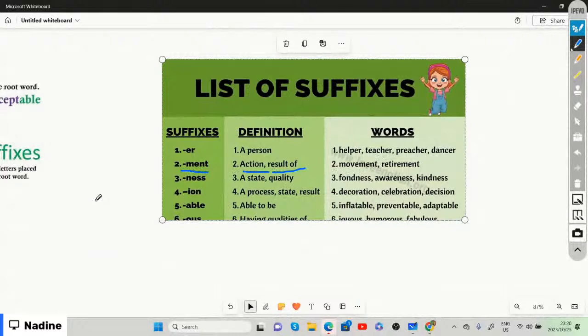And we have retirement. It is the action or result of, for example, finishing your job at the end of a period, usually at the age of 60, you're done working and you're going into retirement.